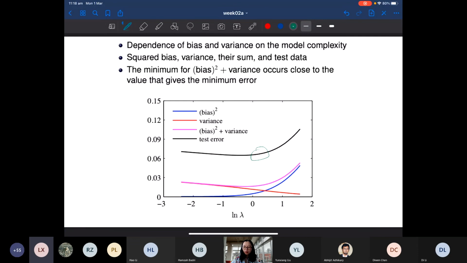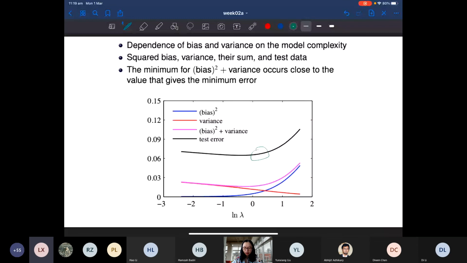But it goes up on the right-hand side because the model has higher bias or becomes too simple, right? And that was what we observed last time. What we didn't observe is that there is this trade-off between bias and variance that constitute the test error, right?